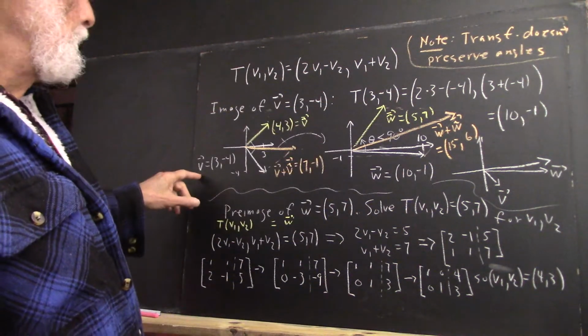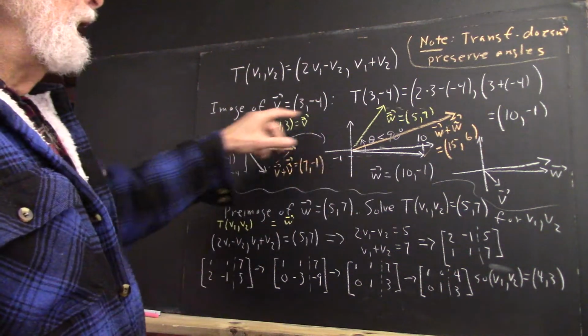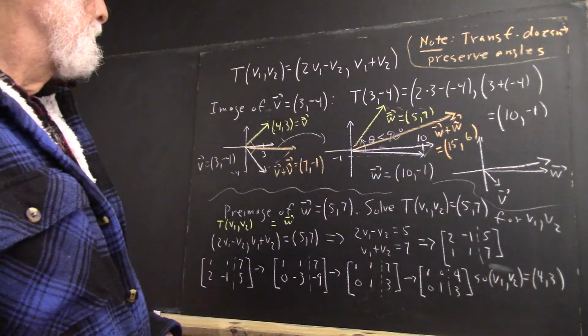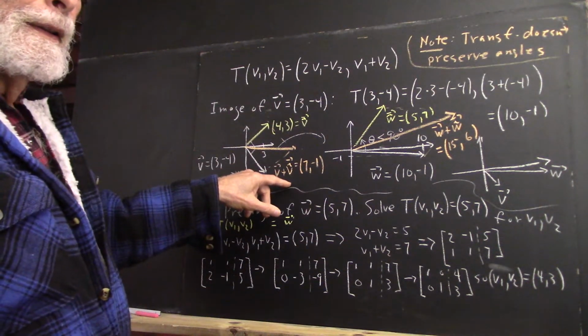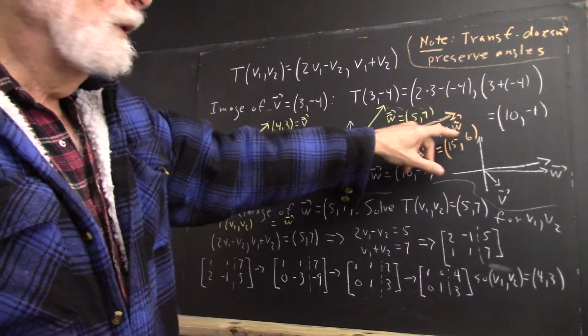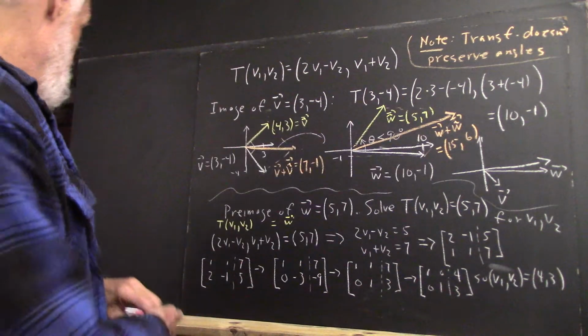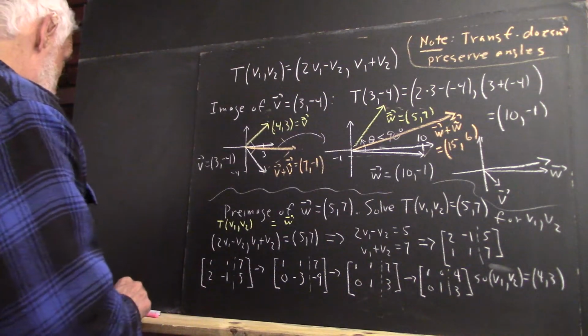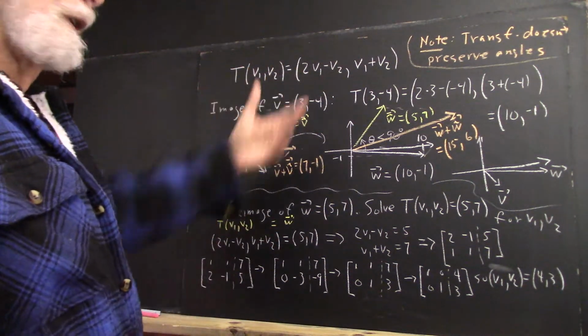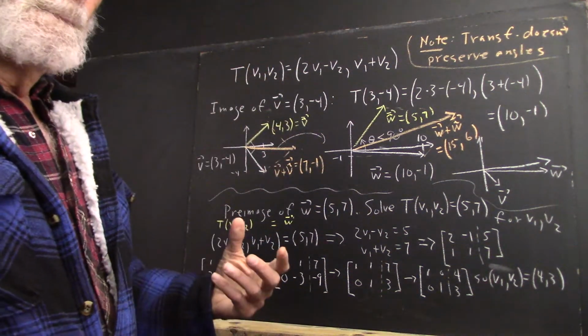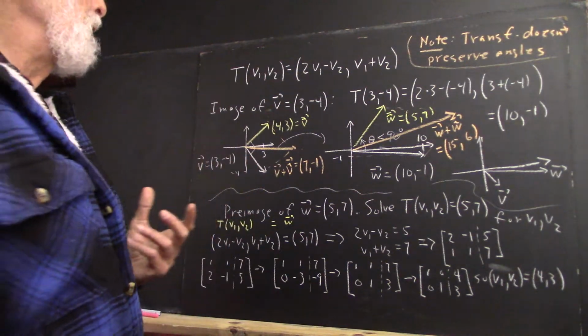So if I transform V to get W and V hat to get W hat, then if I transform V plus V hat, the vector I get is W plus W hat. Now it might seem obvious that that ought to be the case. Well, that is the desirable case, but it's not always so. There are plenty of transformations I can define that don't do that.